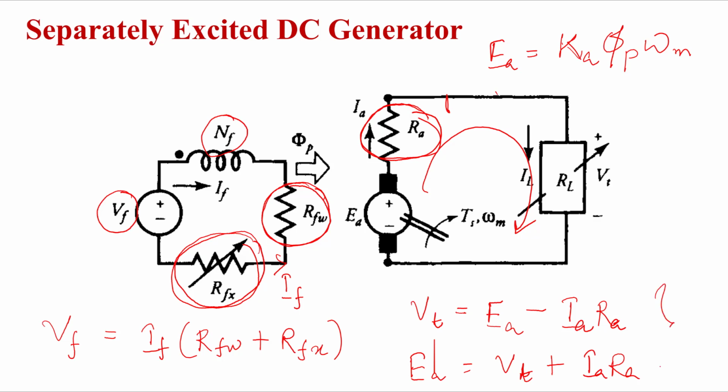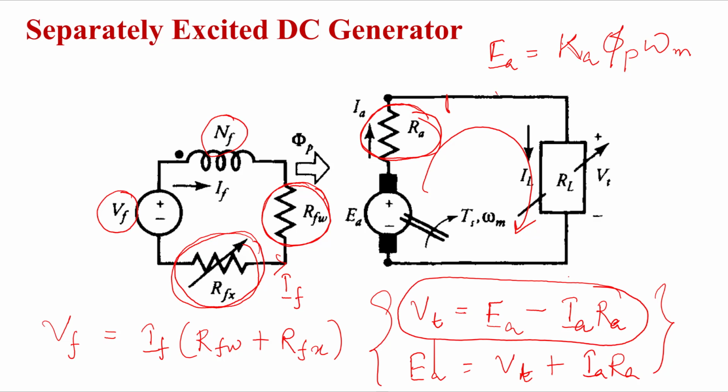And now can we plot the external characteristic using these equations? This is the terminal voltage, induced EMF and armature current, right? Can we plot it now? This is a very simple equation. You have to plot the load voltage and load current, that's all.